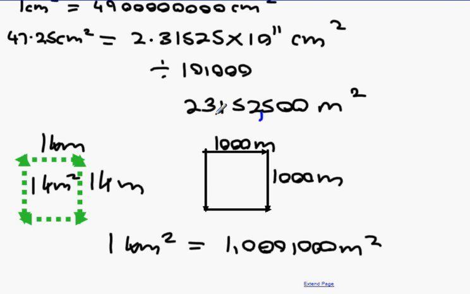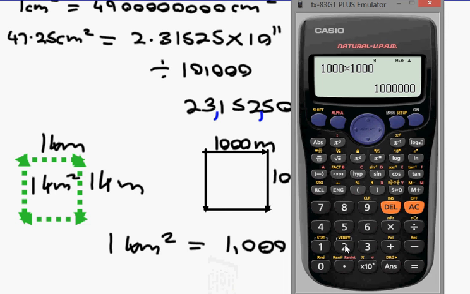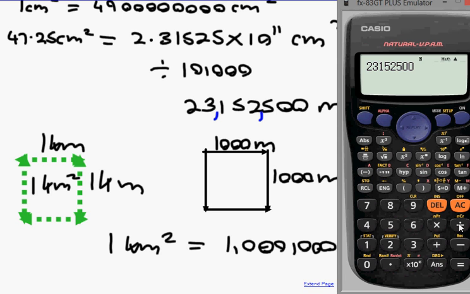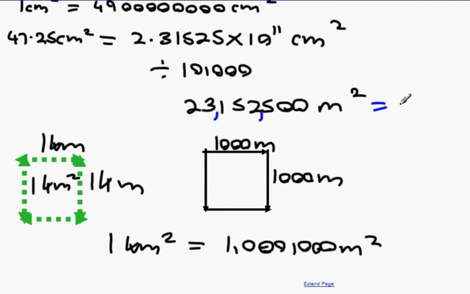Just putting in 2 commas here, so I know roughly what I'm talking about. 23,152,500 divided by a million, and what we get here is 23.15 kilometres squared, or round it down to 23 kilometres squared in real life. Okay, that's the end of this.